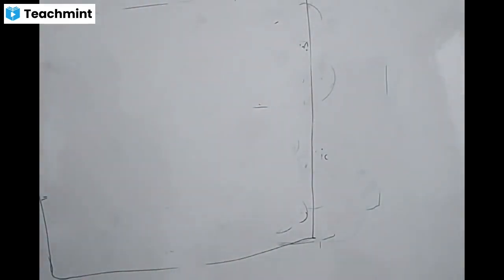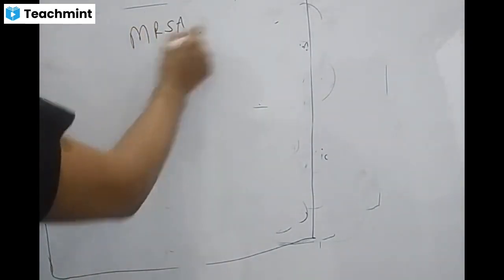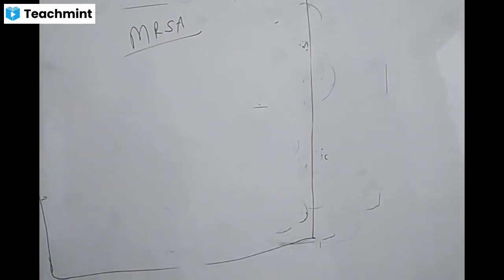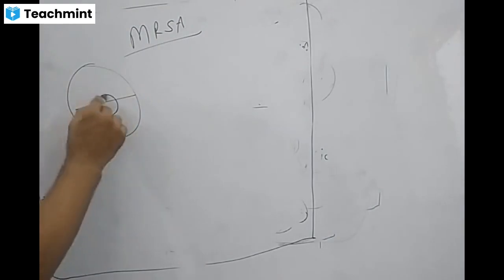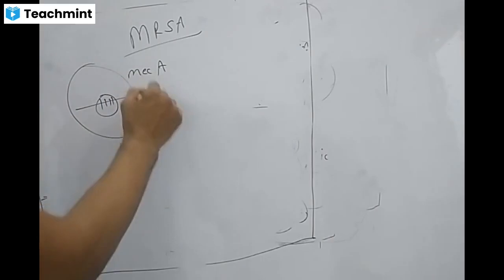The example is MRSA bacteria, methicillin-resistant Staph aureus. These bacteria have one gene, and the name of the gene is mecA.